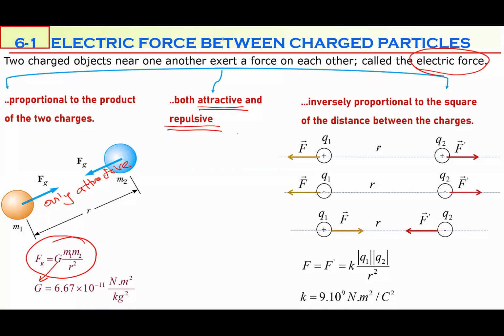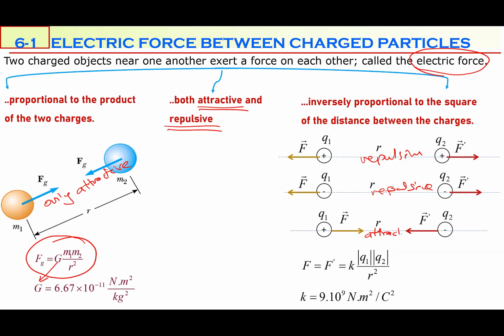How? Positive and positive repel, repulsive. Negative and negative repel, repulsive. So these two are repulsive forces. Positive and negative: the force between negative and positive is attractive.